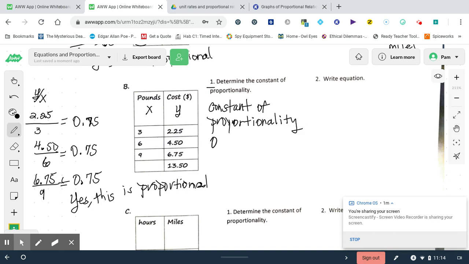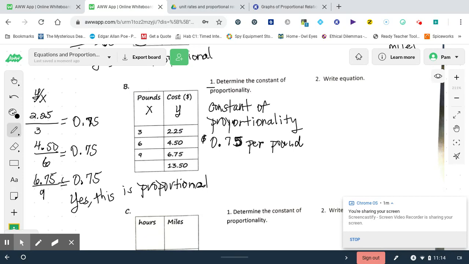So it's 75 cents. So I'm going to make it look more like it has meaning. So it's actually 75 cents per pound. So it's whatever you're paying for, or this person is paying for, it's 75 cents per pound.